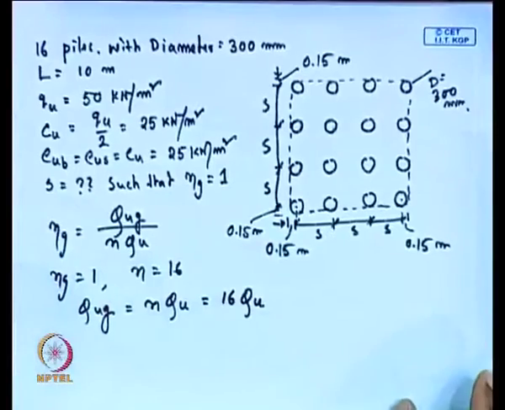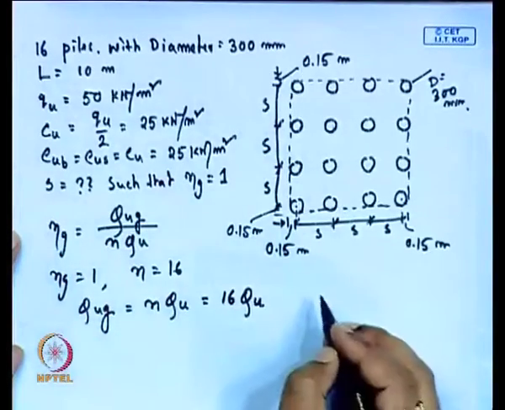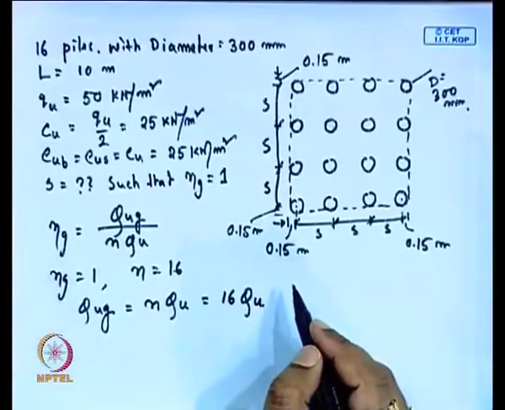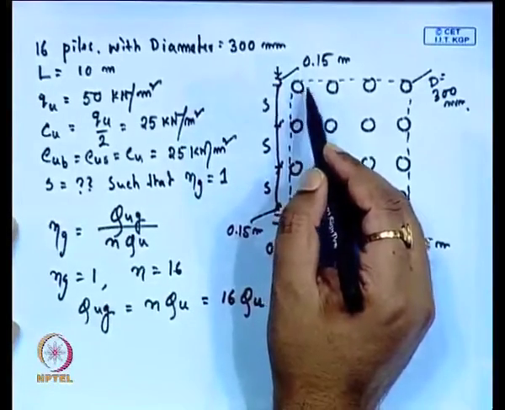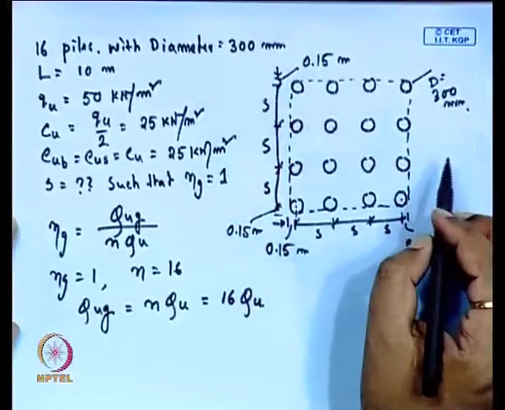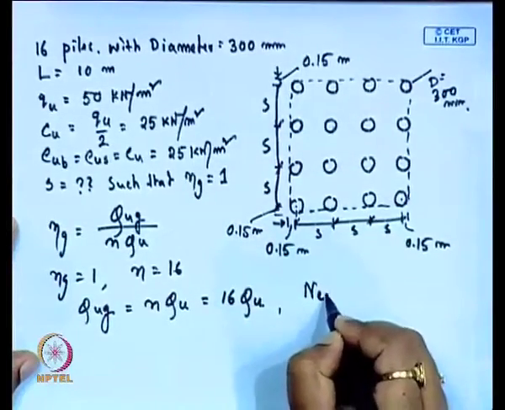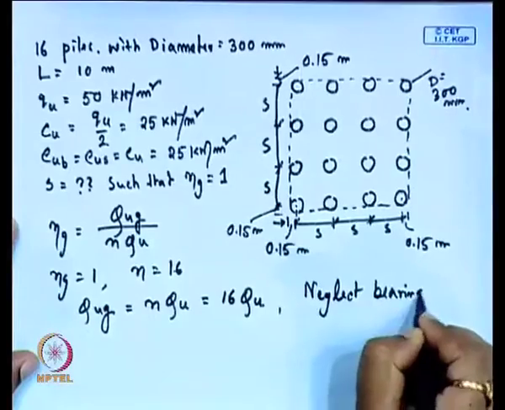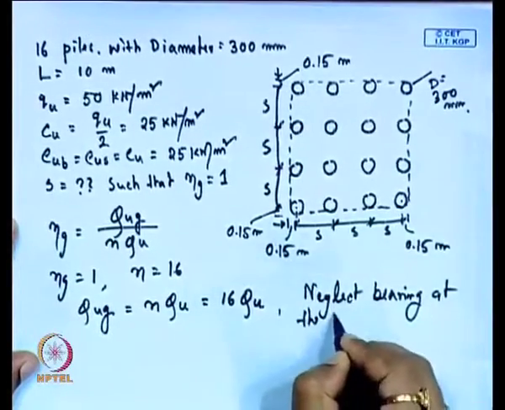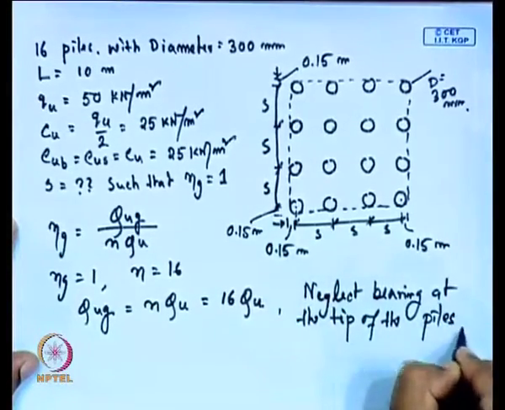So now first we will calculate the QUG, and another thing, the condition is that we can neglect the tip resistance of this pile, that is, the bearing at the tip of the piles, because these are in clay.